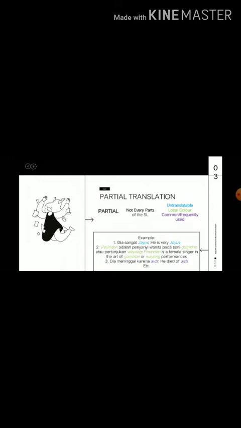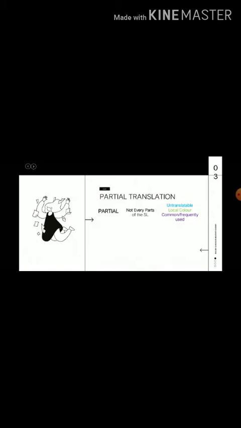An untranslatable word is a word which doesn't have an exact synonym or exact match in another language. For example, in Indonesia there is the word 'jayus'.